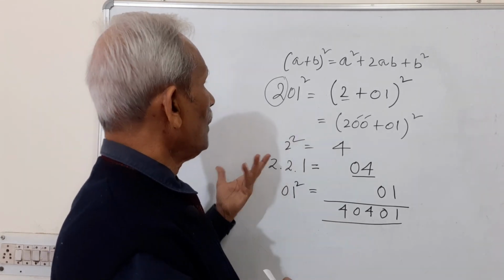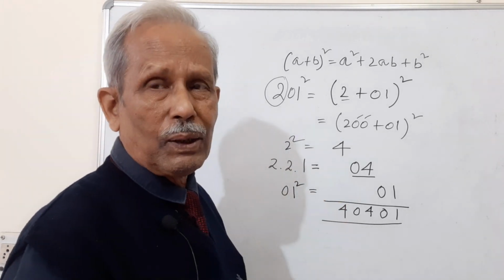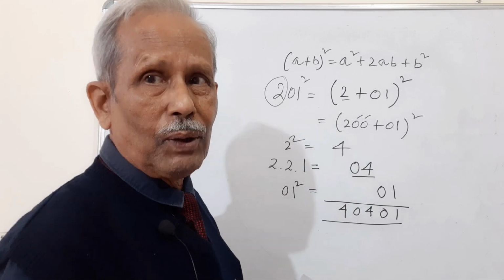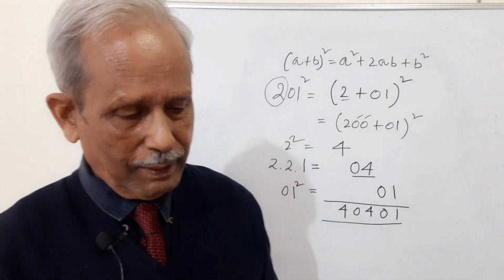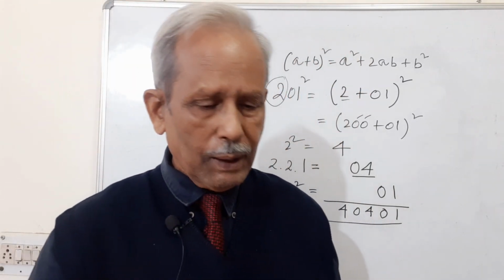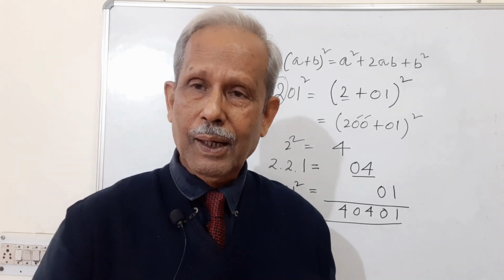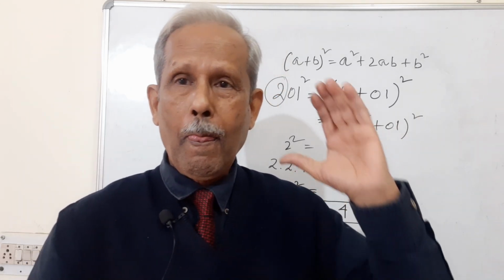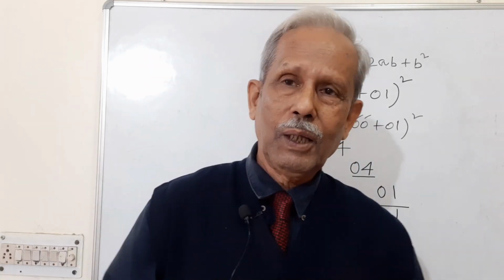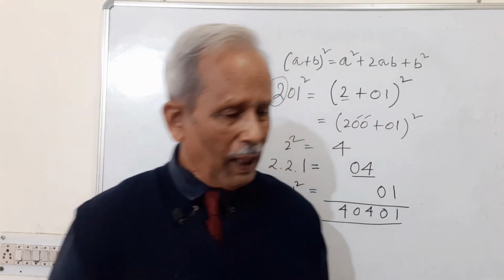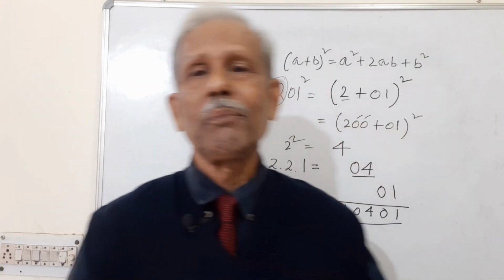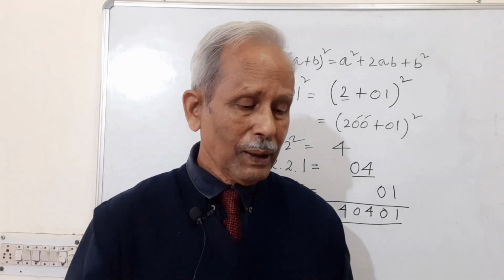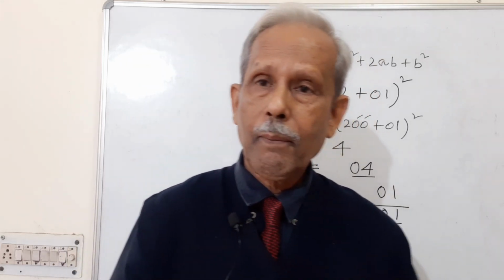The other way around also, we can do 20 plus 1, and then again the same thing will happen. So we have seen that you can do the squaring of numbers by the special method of applying the algebraic formula A plus B whole square is equal to A square plus 2AB plus B square.